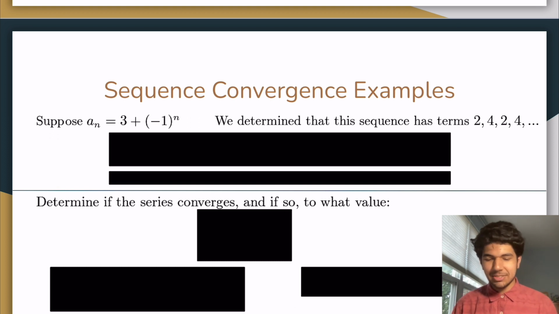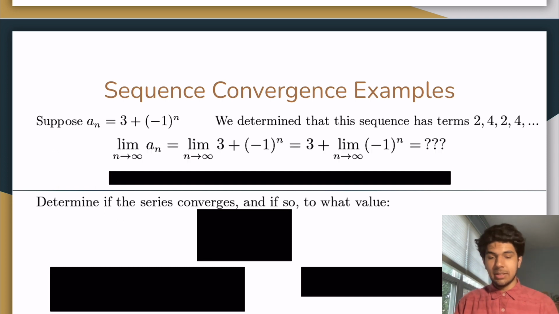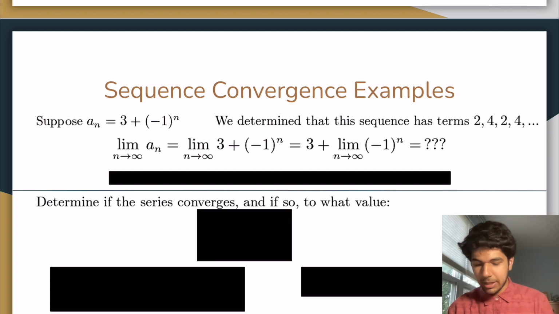So we have this sequence here that we saw before, 3 plus -1 to the n, and we said that the terms were 2, 4, 2, 4, etc. But does the sequence converge to anything? What's the limit as n approaches infinity of this sequence? Well, we can take the limit as n approaches infinity of a sub n. A sub n is this equation we're given here. So we're computing this limit here.